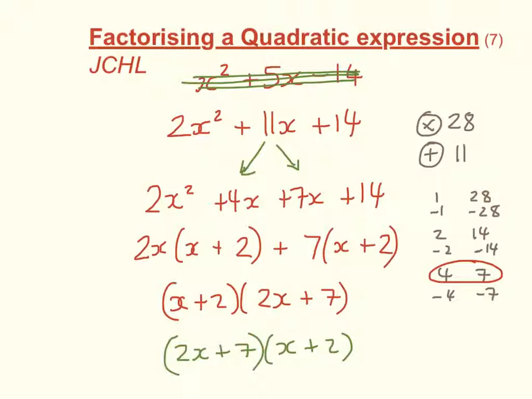I don't know why, it's just an unwritten sort of order that's often appreciated. They would often put the 2x plus 7 first. But either answer is correct. You do not need to change the order. Whilst multiplication is commutative, you don't need to do it.